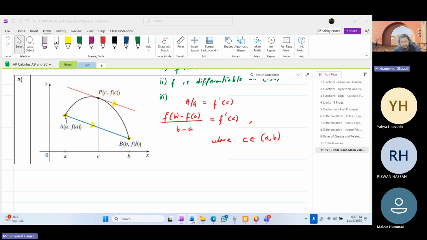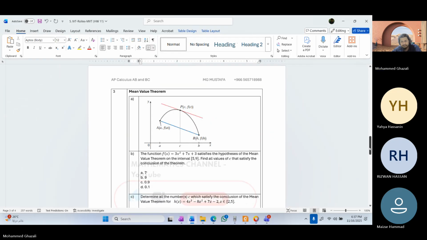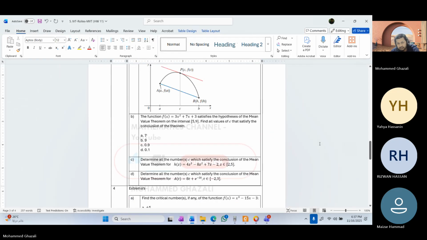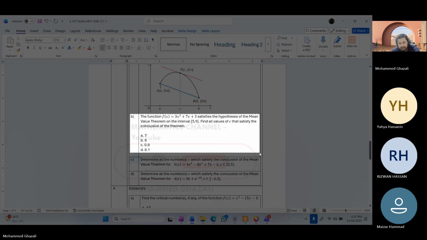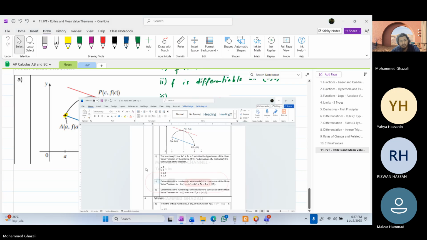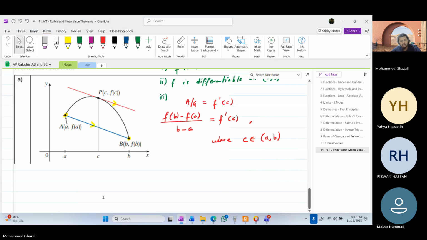So let's take an example now. What's the purpose of the mean value theorem? The mean value theorem says, okay, I have a point a and I have a point b. They're not talking about the horizontal tangents now. They're talking about, if I join point a and point b, there are many ways to join them.